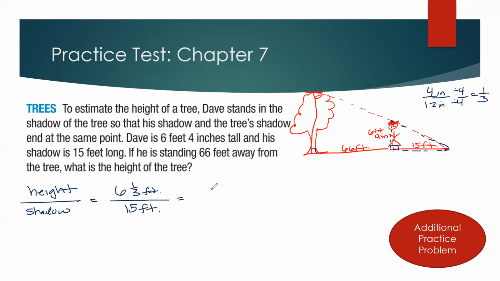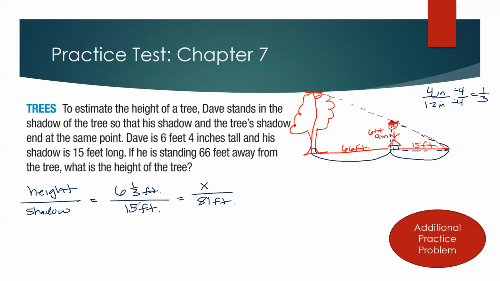Now we're gonna compare that to the tree, right? The tree, we don't know the height of the tree, okay? But we know that the shadow of the tree is 66 feet plus another 15 feet, which ends up being 81 feet, okay?